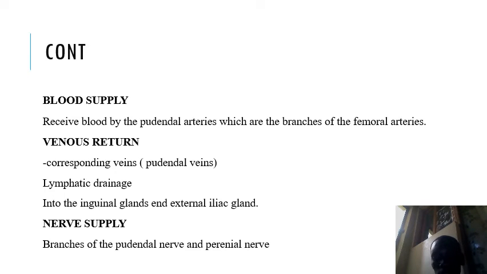And then the nerve supply is through the pudendal nerve and perineal nerve. We can do a pudendal nerve block as part of providing local anesthesia during procedures at the external genitalia.